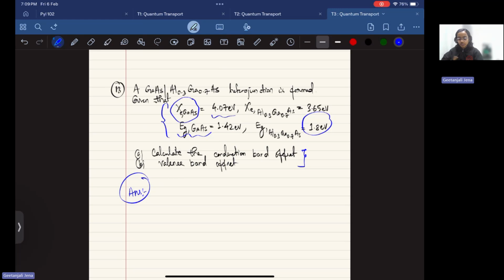Try to recall the relation between the conduction band offset and the band gap and electron affinity.